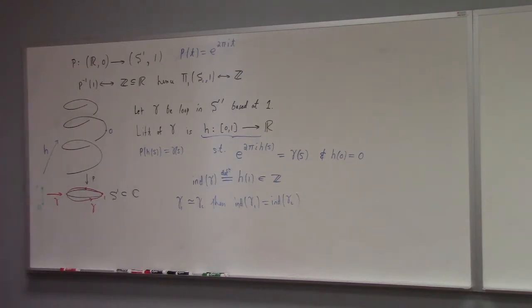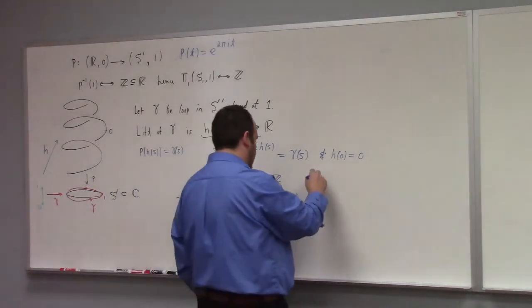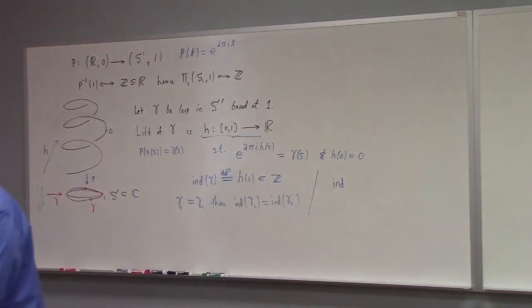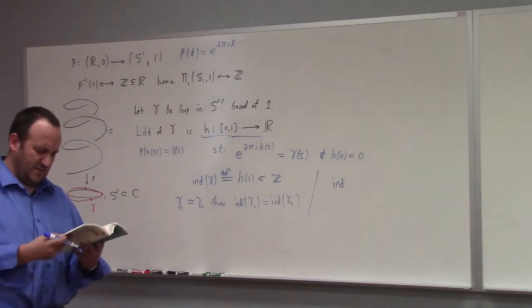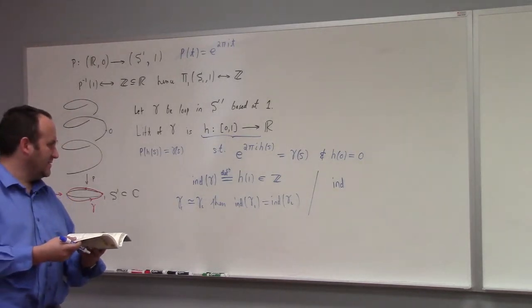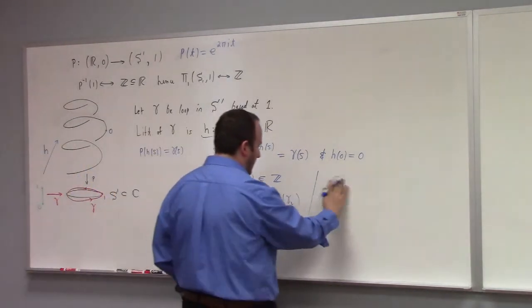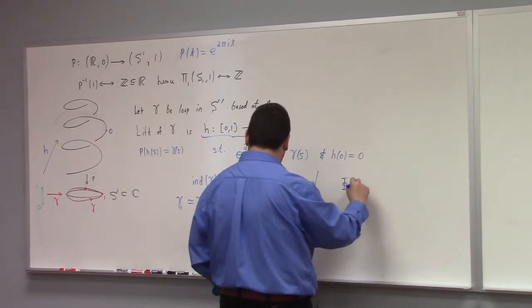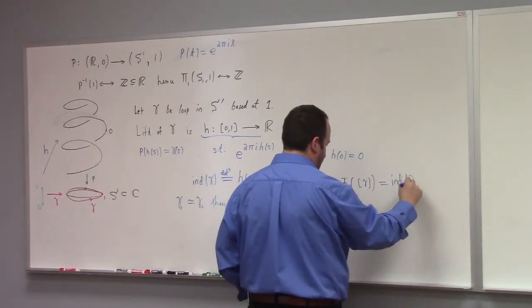Which means we could just as well define index on homotopy classes, and that's probably what I should do, right? So this is a transitional definition. Well, he does define index to be on gamma. But let's say, fine, here's the map, phi of the homotopy class of gamma equal to the index of gamma.